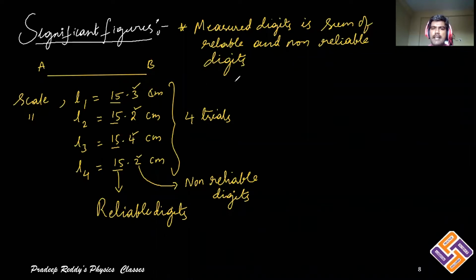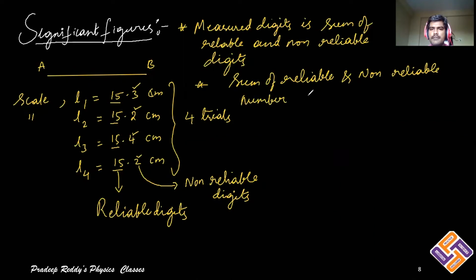That sum of reliable and non-reliable number of digits is called significant digits.